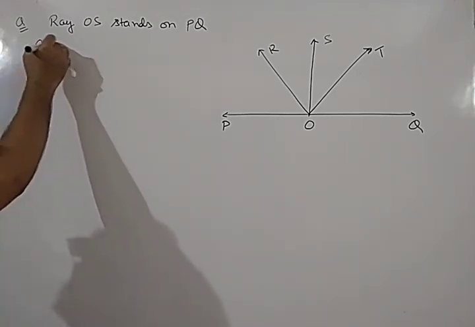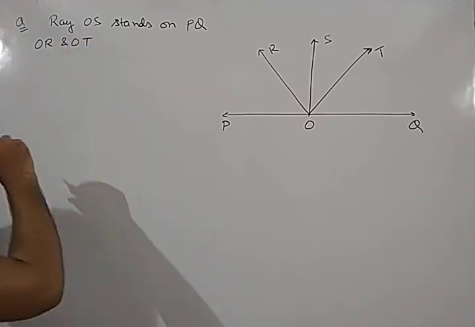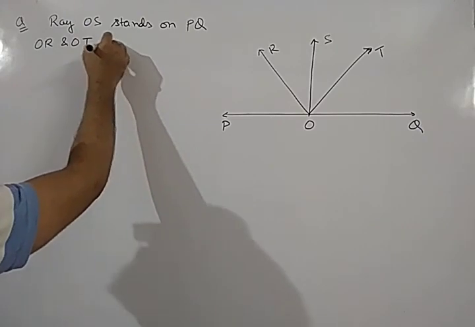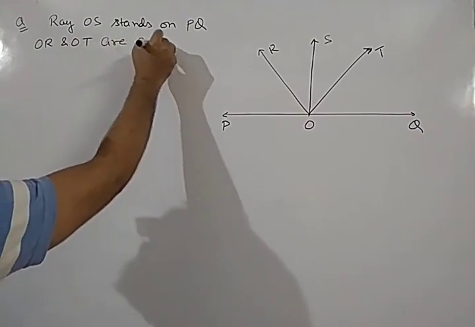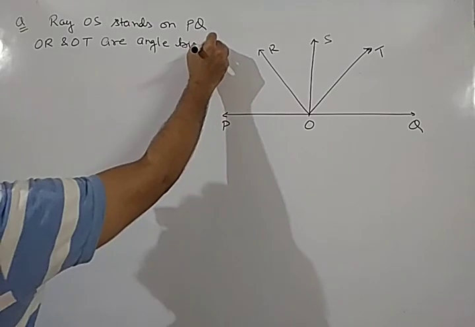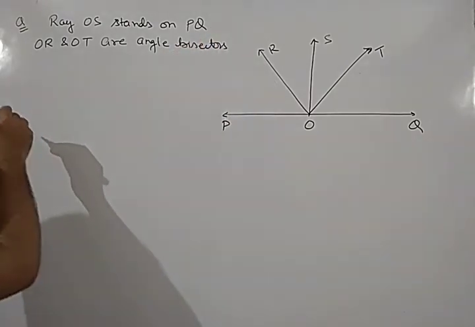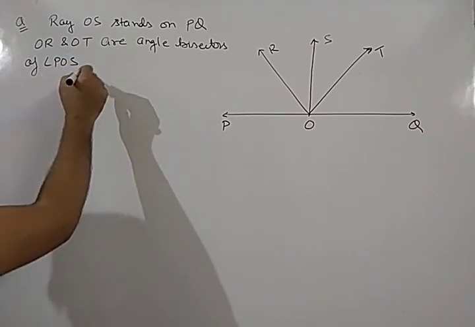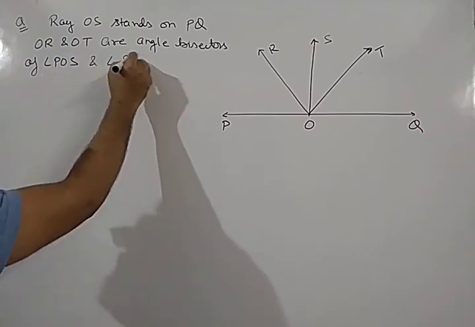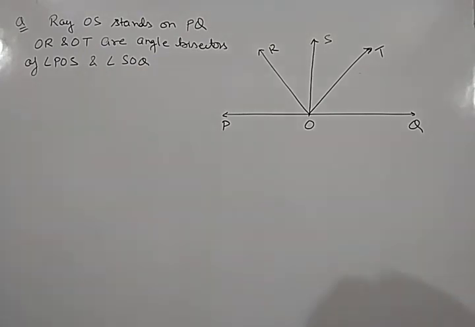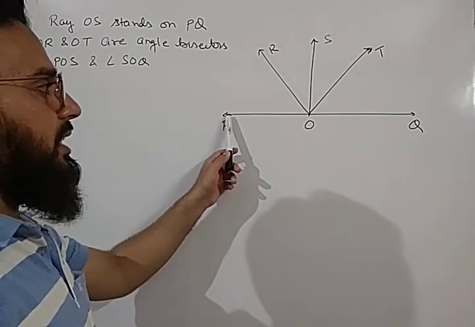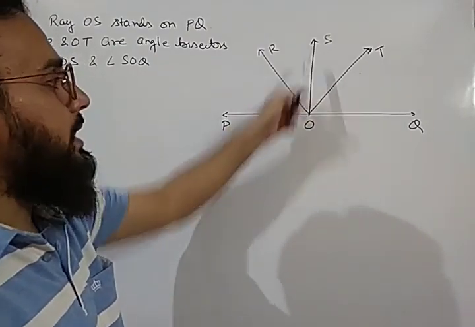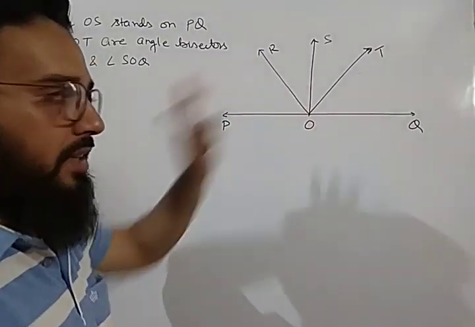Then OR and OT are the angle bisectors of angle POS and angle SOQ. Means OR is the bisector of angle POS and OT is the bisector of angle SOQ. Okay, it is given in the question.